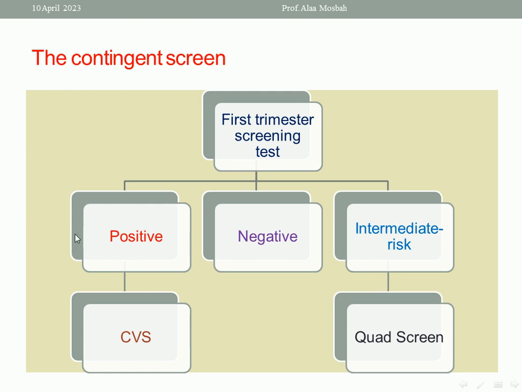If the result is positive in contingent screen, we are going to do chorionic villus sampling in the first trimester. If the result is negative, we'll stop. No more evaluation. No more screening test. If there is intermediate risk, we are going to continue to do quad screen. This is the contingent screen. Okay?